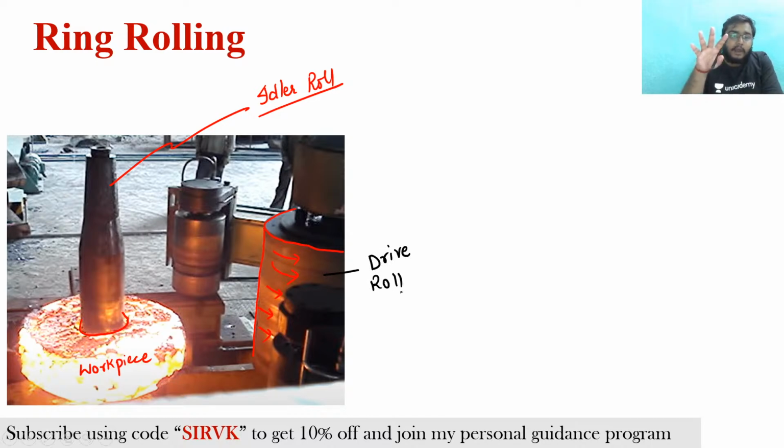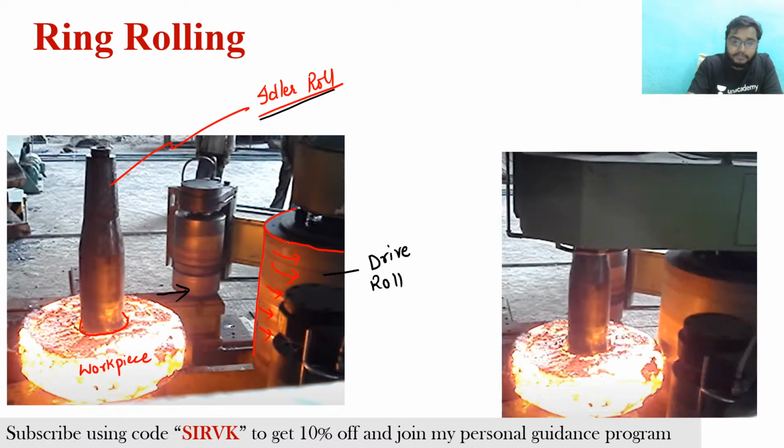So I hope you can visualize these things. There is a workpiece, that workpiece is pierced in nature, and that workpiece is fed inside the idler roll, and this is the drive roll. Now see, this arrangement is moved towards the drive roll, like this.